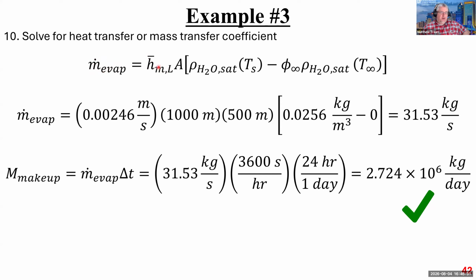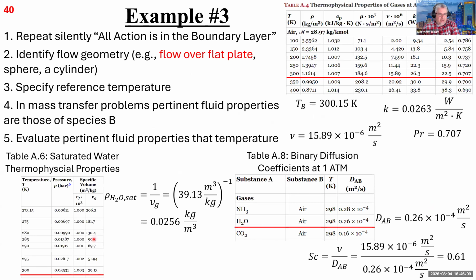And you should have learned in thermo, I hope you remember, that if you have a liquid surface, the relative humidity at that surface is 100%. That's why when it rains, the humidity is 100% because there's water in the air. So this is why we calculated the species concentration for saturation conditions here, right?